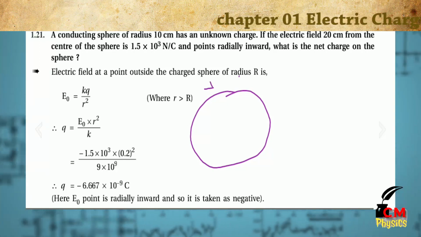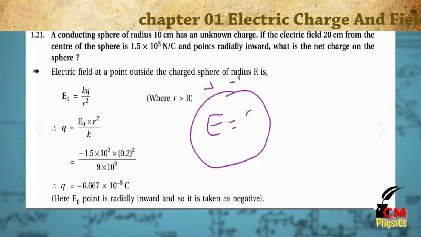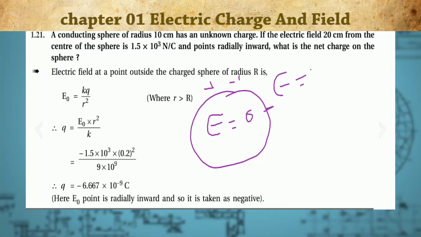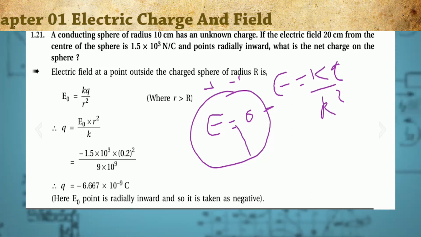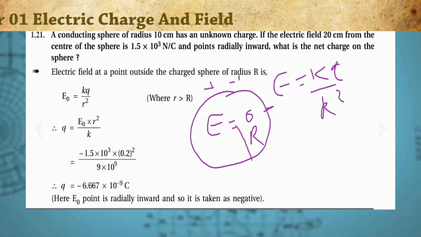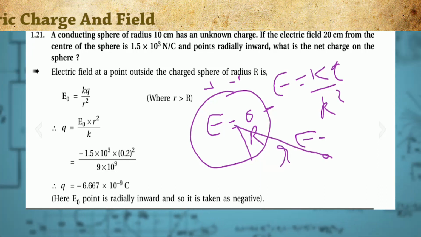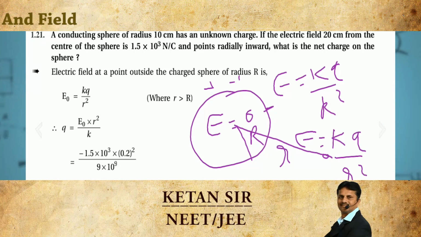For a conducting sphere, inside the electric field is 0. On the surface, E is equal to kQ by R square, where R is the radius of the sphere, and outside the sphere, at a distance r, E is equal to kQ by r square.